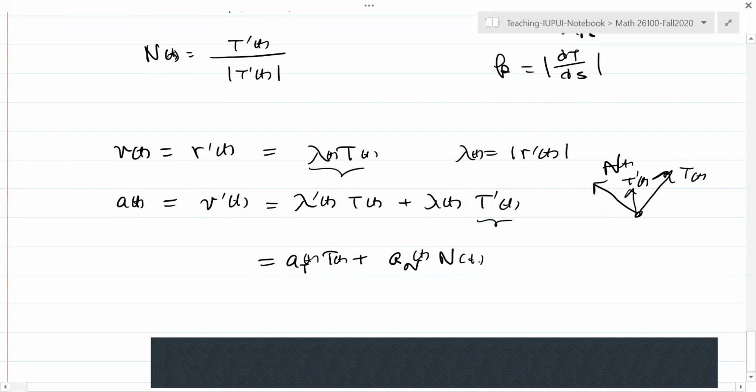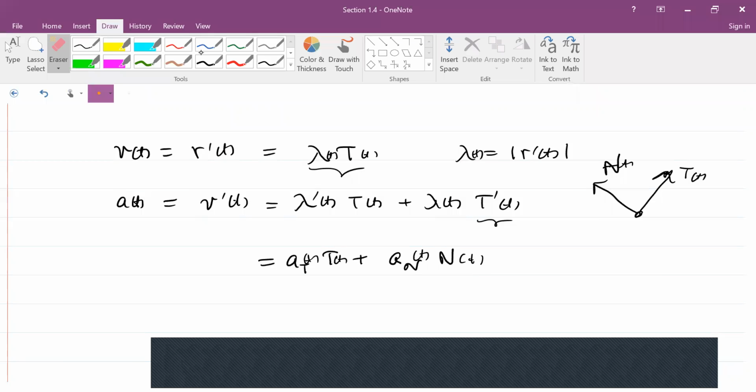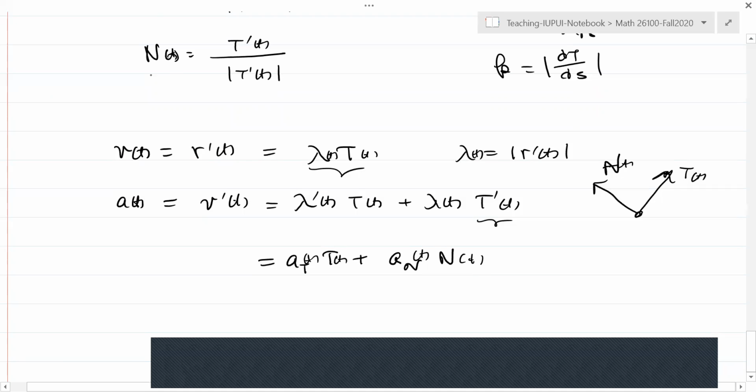So the normal vector is going to be the same, from the definition. We already did this, look at the above, right? This is the derivative of capital T, and we normalize it.